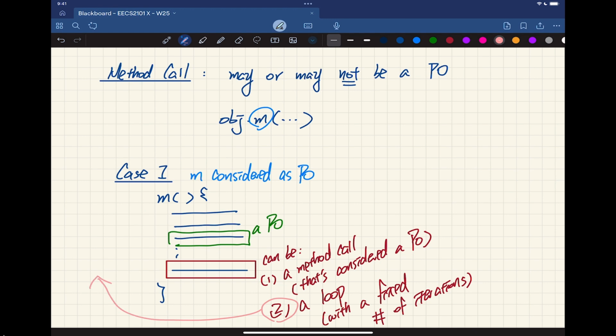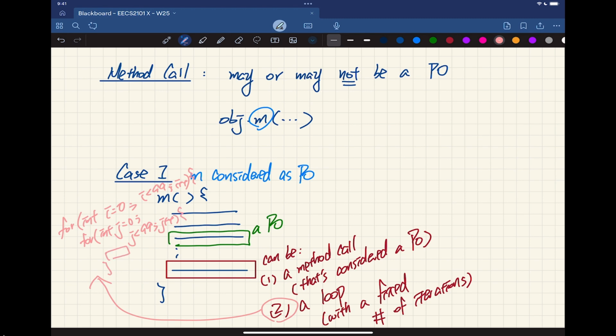Let's say I have a nested loop. You might think a nested loop is very bad. Not necessarily. I might say for integer i equals 0, i less than 99, i plus plus. And then I have another for loop here: integer j equals 0, j less than 99, j plus plus, right? You can see it's a double nested loop.